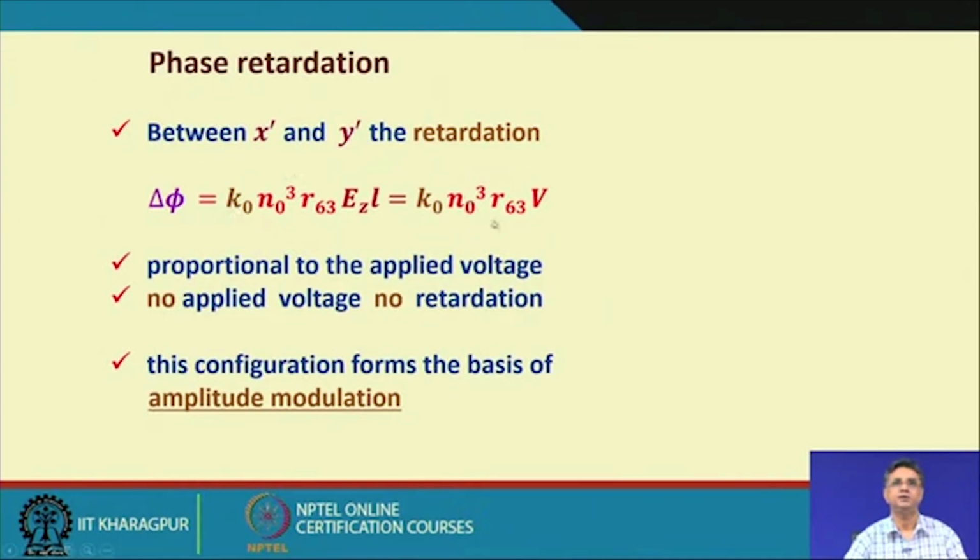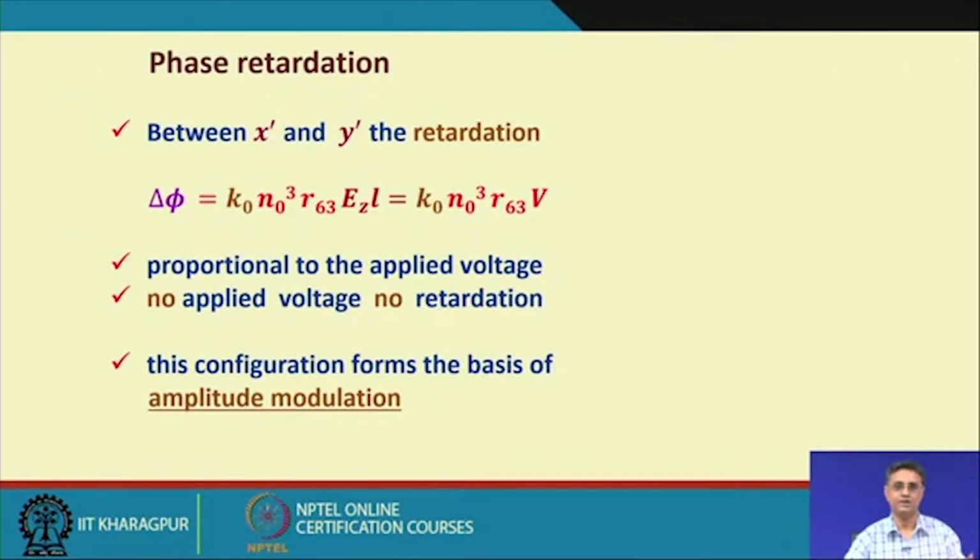will be equal to this, which is again proportional to the externally applied voltage V, and if there is no applied voltage, there is no retardation. So, V equal to 0 means delta phi equal to 0, which is very obvious, and this configuration is the basis of the amplitude modulation. As I have mentioned, if you launch light only with x prime or y prime, then the output light will be phase modulated.